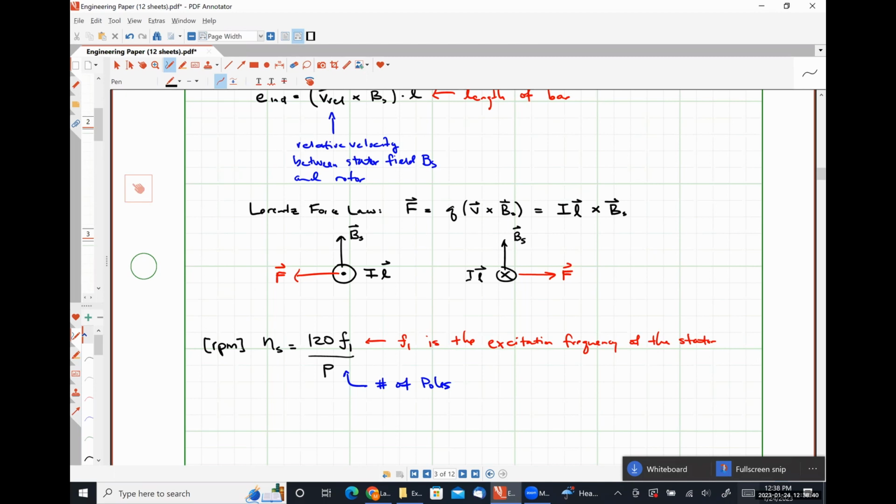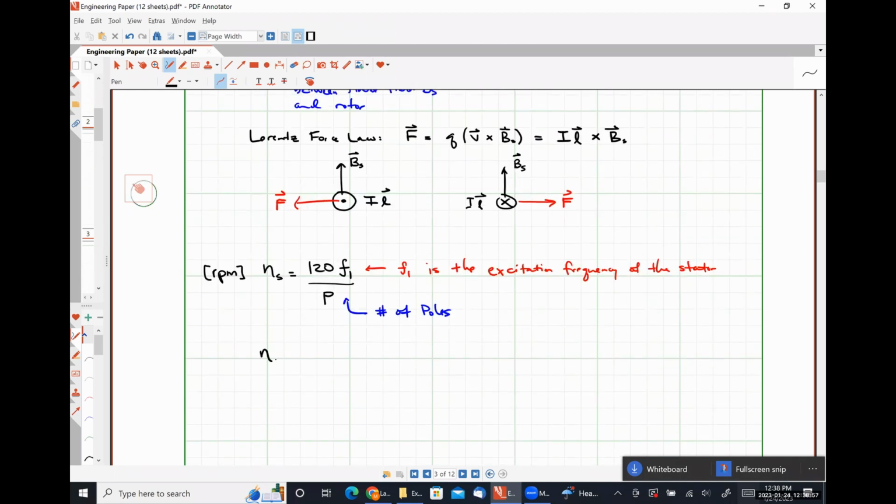All right, so our synchronous speed is the fundamental limit, but our rotor can't ever actually get to our synchronous speed, and that's very important, okay? So let's say NS is going to be our stator field speed, also known as our synchronous speed.